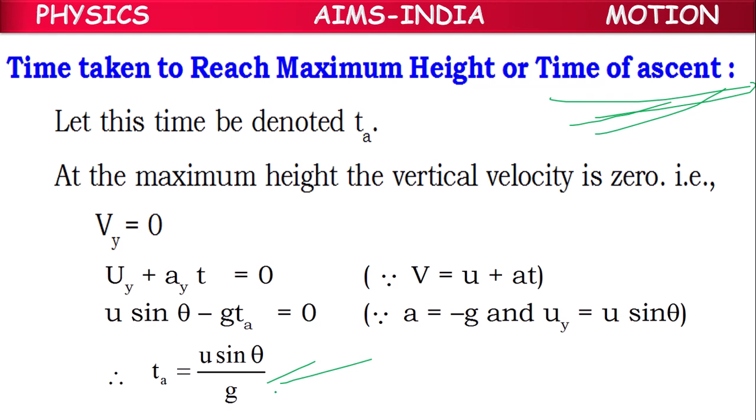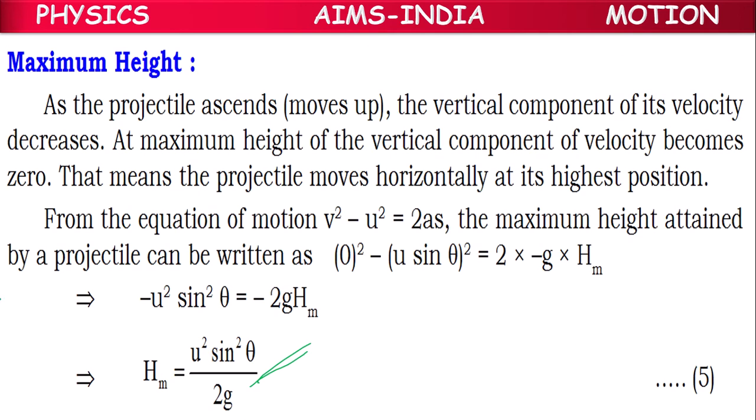Before that, time of ascent, which is equal to time of descent, and time of flight is 2 times time of ascent, 2u sin theta by g. So altogether, 4 formulas we have got: time of ascent 1, time of descent 2, time of flight 3, and maximum height 4. So for the oblique projectile, 4 equations we have got.